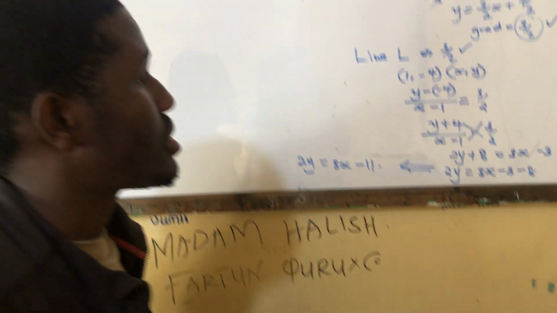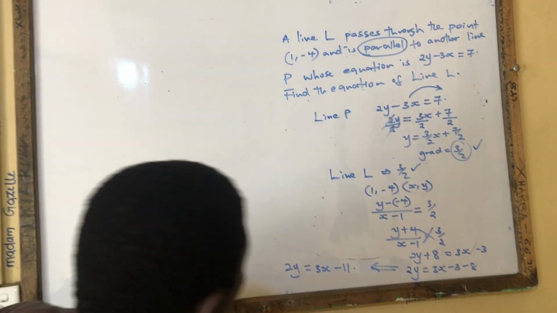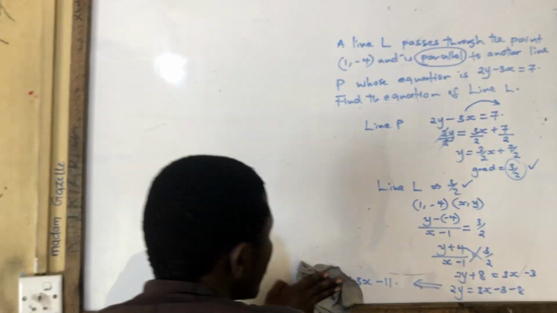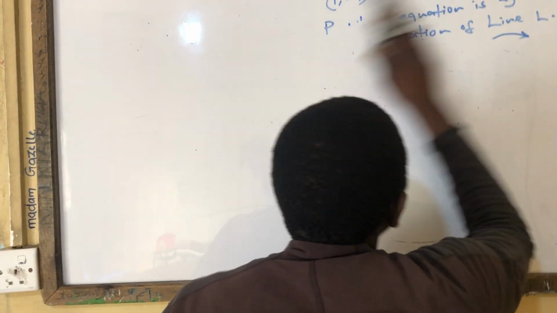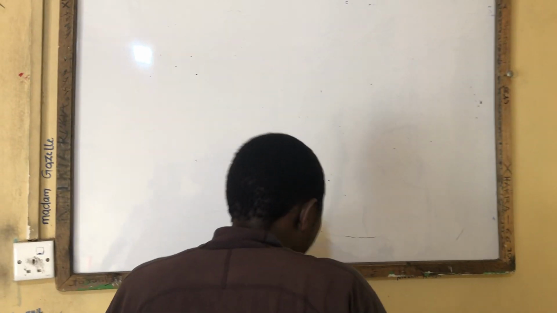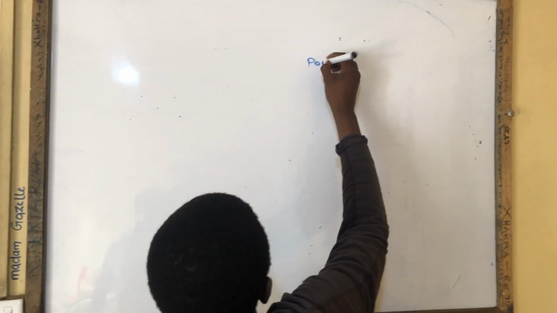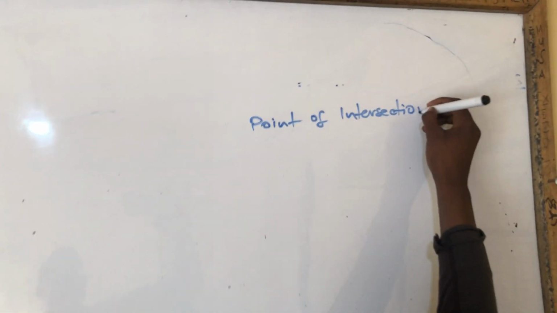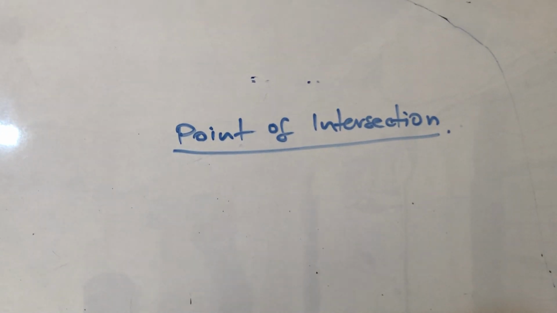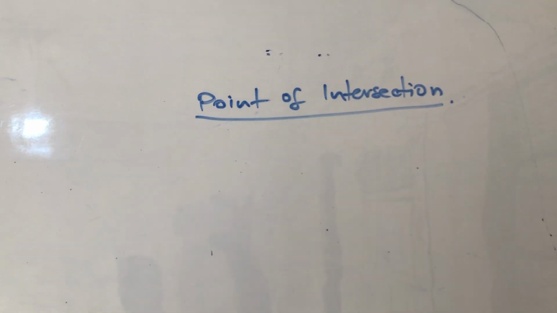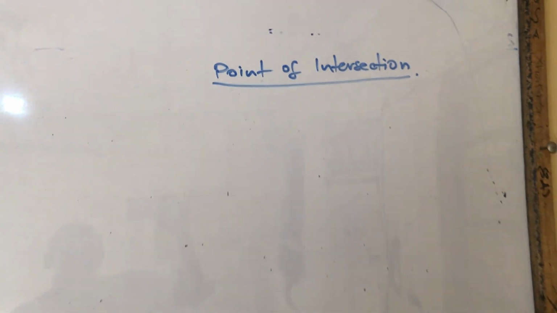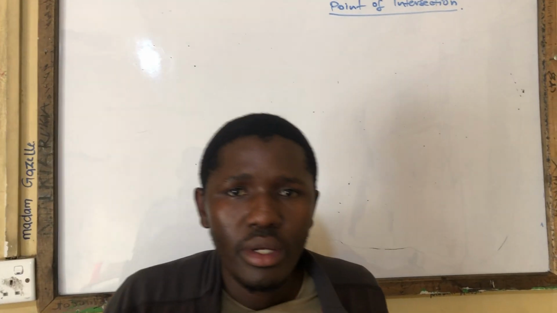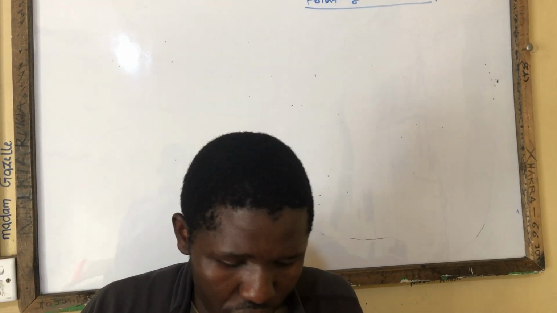Taking us to the next subtopic. The next subtopic in this case will be point of intersection. Let us start by defining the statement point of intersection.